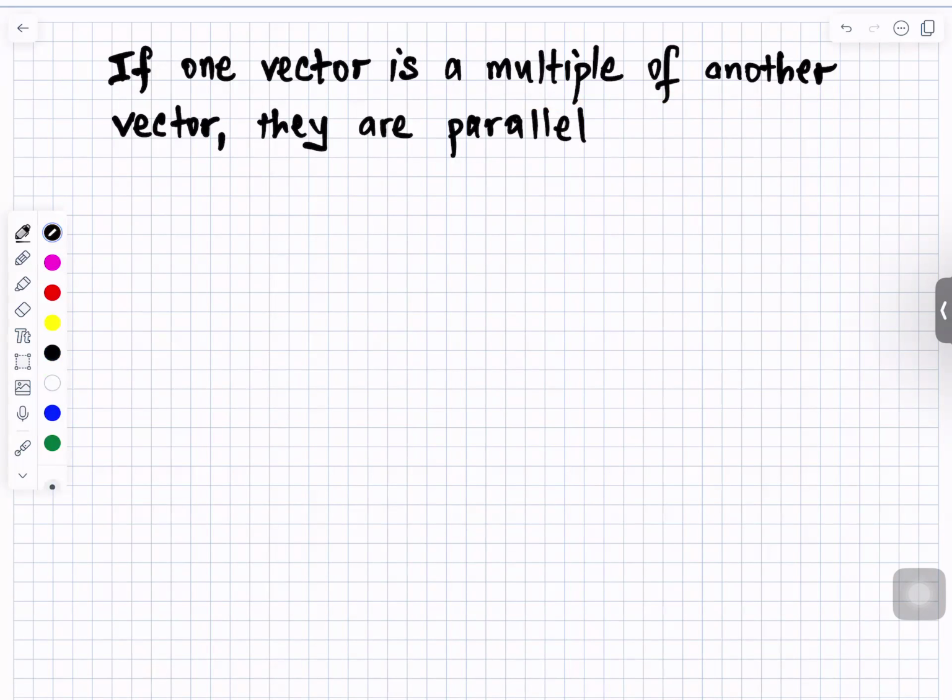So for example, if one vector AB is equal to 8A plus 20B, and another vector CD is equal to 2A plus 5B.